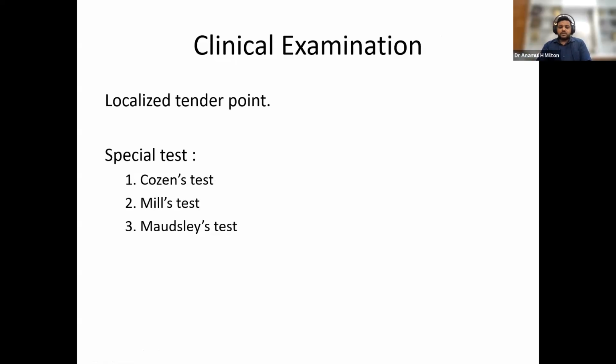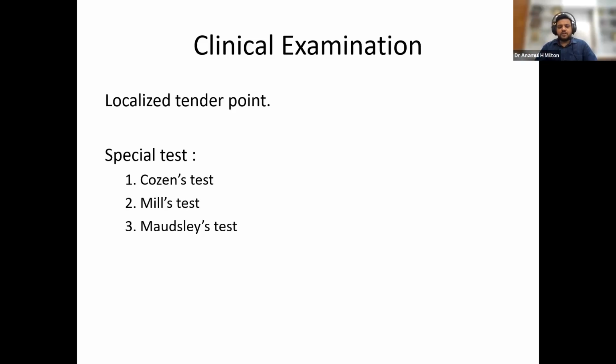For clinical examination, local tenderness is very important, but many times, if there is any injury to the lateral collateral ligament, or even the annular ligament has any injury or changes, local tenderness may also be present.